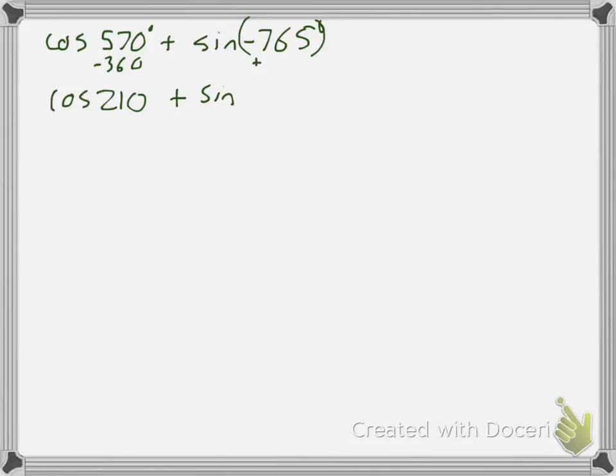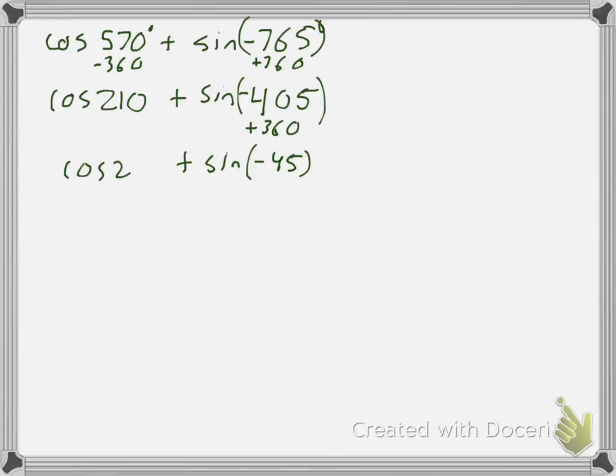Let's add 360, and you end up with negative 405. Is that a nice angle yet? Is that between 0 and 360? No. So we should add another 360 to that. So this would be the sine of negative 45. And we kind of talked about that one earlier.